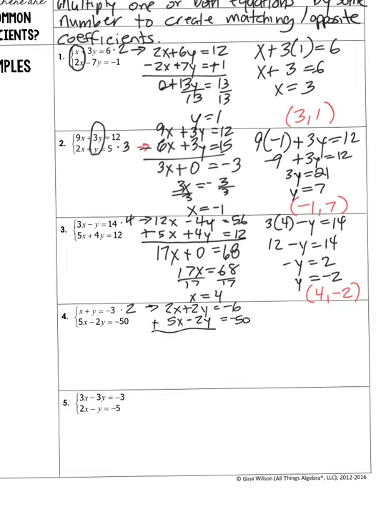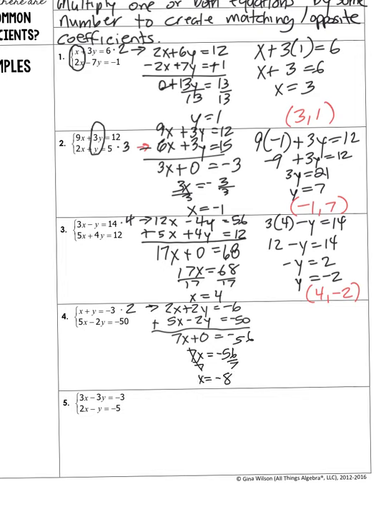And I'm going to add these equations together. So 2x and 5x equals 7x. 2y plus negative 2y is 0. And negative 6 plus negative 50 is negative 56. All right. The 0 goes away, and I have 7x equals negative 56. Divide by 7 on both sides, and x equals negative 8.